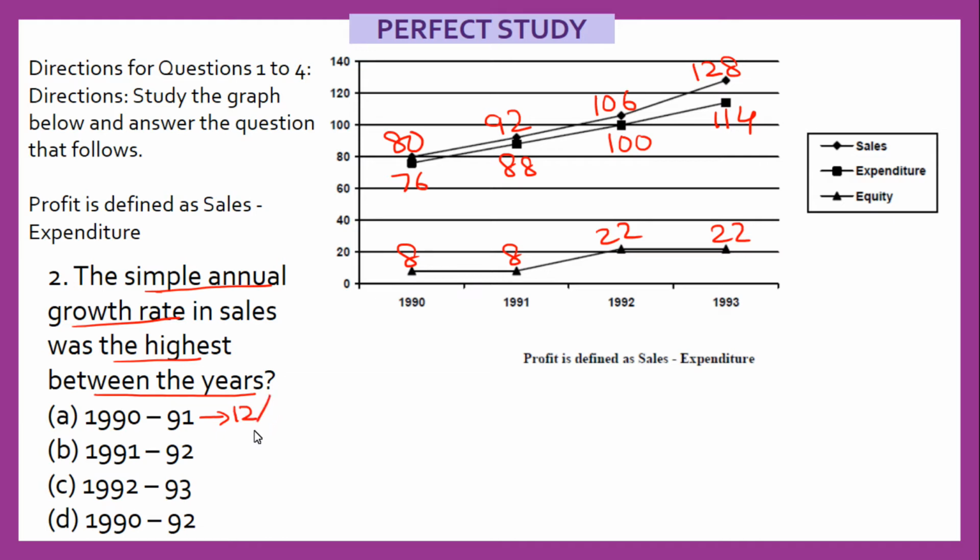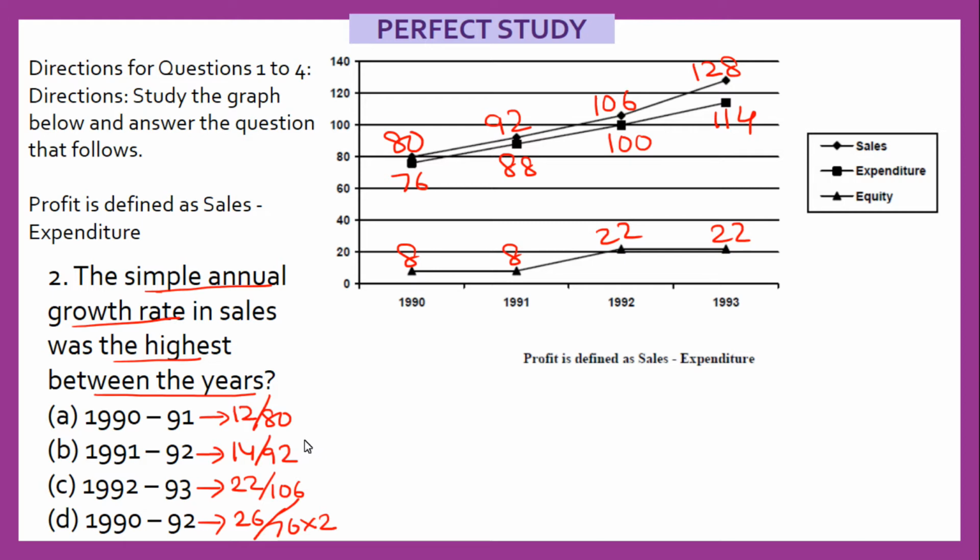It is 12 out of 80. 91 to 92, it is 14 out of 92. 92 to 93, it is 22 out of 106, and from 90 to 92 the total growth is 26 out of 76 multiplied by 2, because I need the simple annual growth rate, not the compounded value. So these are my values.